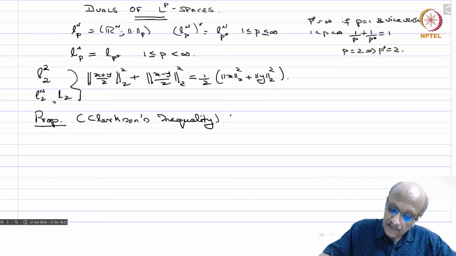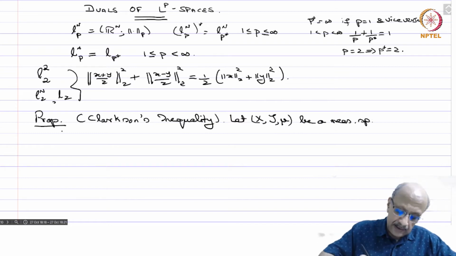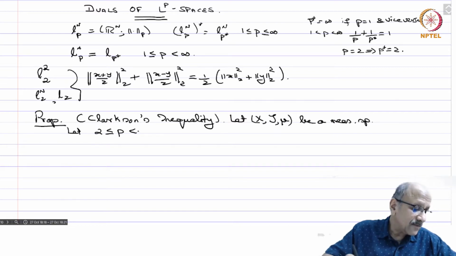So let X, S, mu be a measure space. Let 2 less than or equal to P less than infinity.